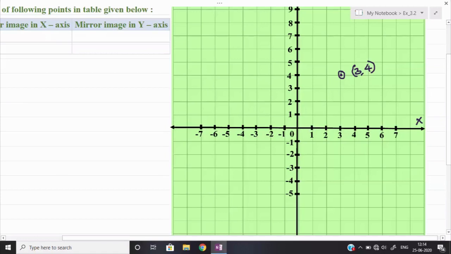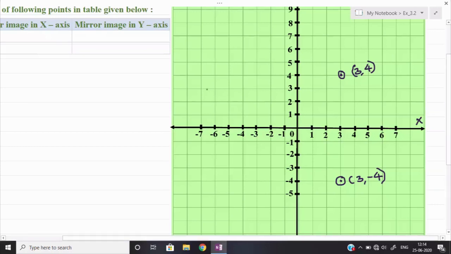Now from here, if I go vertically till 4, the vertical distance is also taken as 4. So this point's coordinate will be 3, minus 4. And you observe 3, minus 4 is the mirror image in the x-axis.